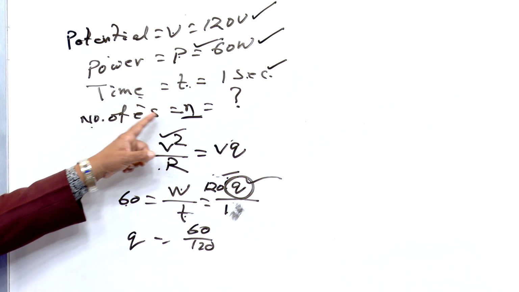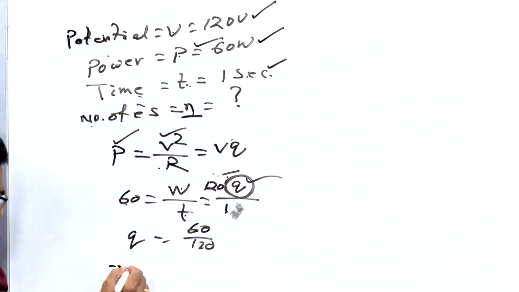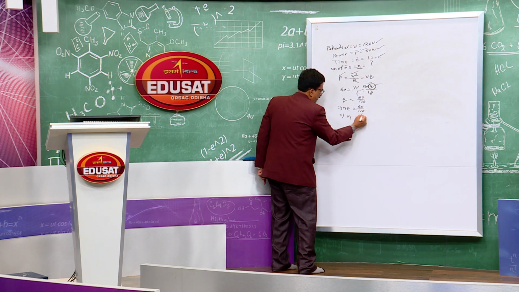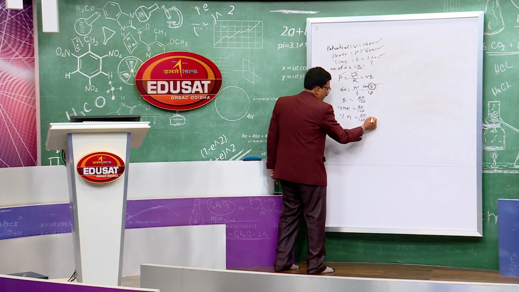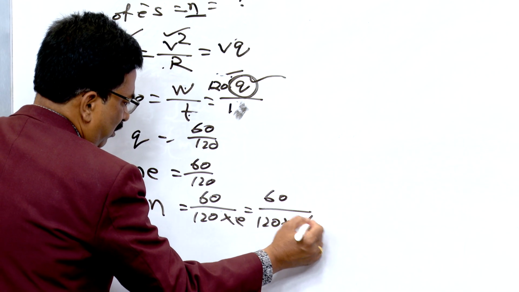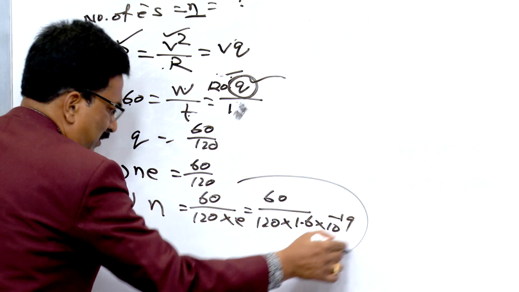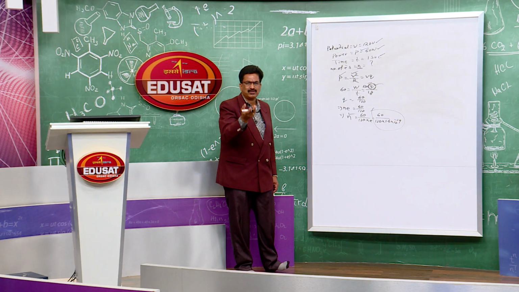The question is the number of electrons, and we know that Q is equal to Ne. So Ne is equal to 60 by 120, so N is equal to 60 by 120 into E. E is the charge of the electron. Put the value of the charge of the electron: 60 by 120 into 1.6 into 10 to the power of minus 19. If you solve that, you will get the value of N. Then it is okay for question number 1.